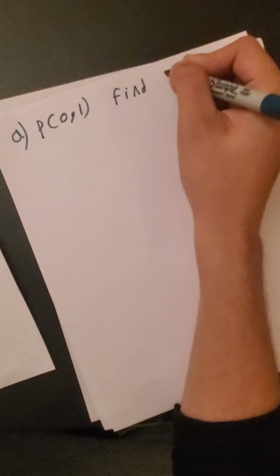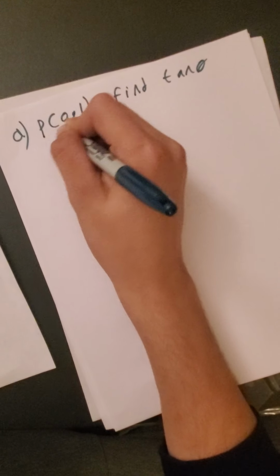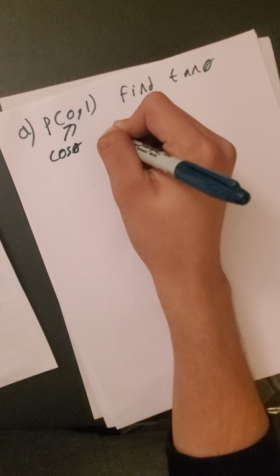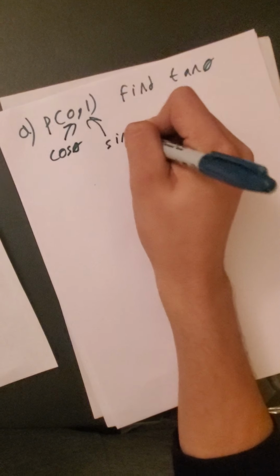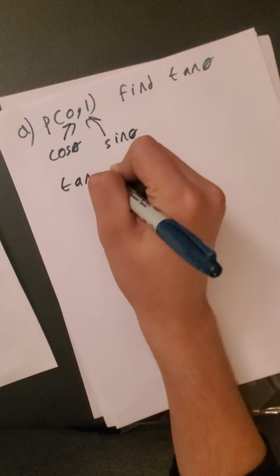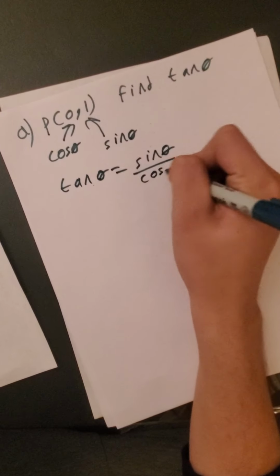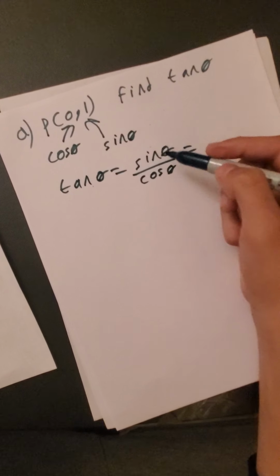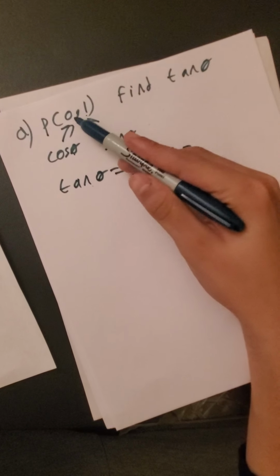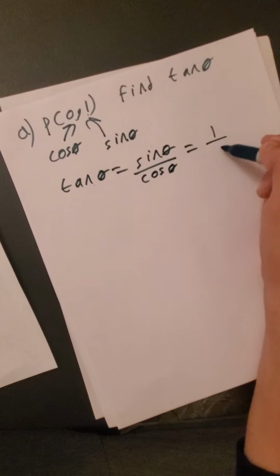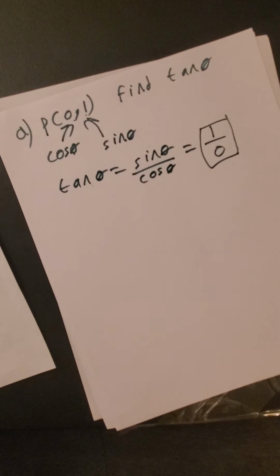So we know that this is cosine of theta, this is sine of theta, and we know that tangent of theta equals sine of theta over cosine of theta. And knowing that sine of theta equals 1, cosine of theta equals 0, so all we have is 1 over 0. And that should be our final answer.